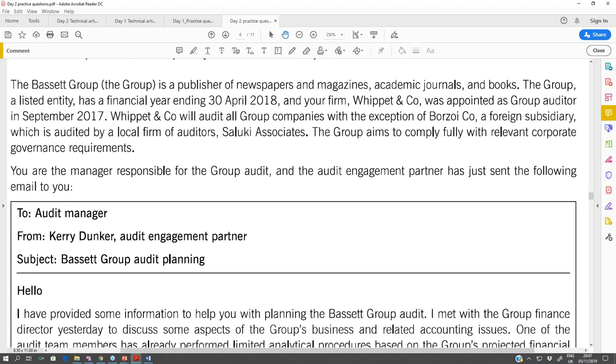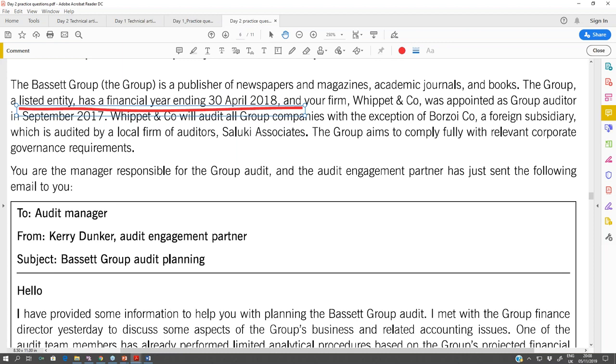The Bassett Group is a publisher of newspapers and magazines, academic journals, and books. The group is a listed entity and has a financial year ending 30th of April. The group is a listed entity. I need to be skeptical because in a listed company there is a high risk of manipulating the financial statements. There is a high risk of creative accounting.